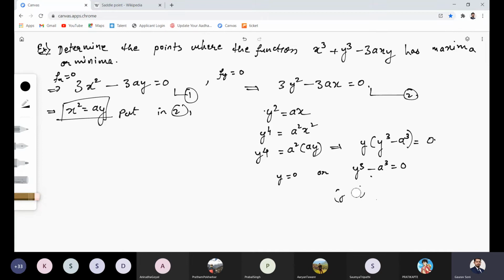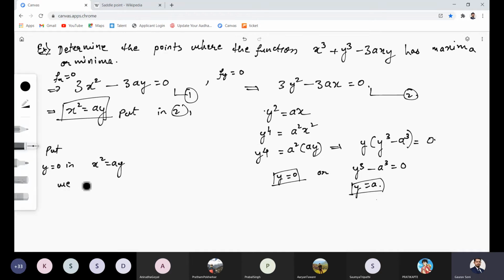You can also do this using your calculator. You can find the roots of this, and you can just take y equal to a here. Okay, so y is equal to 0 or y is equal to a. So put y equal to 0 in x square equal to ay.